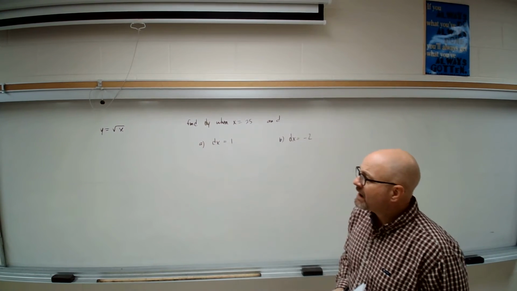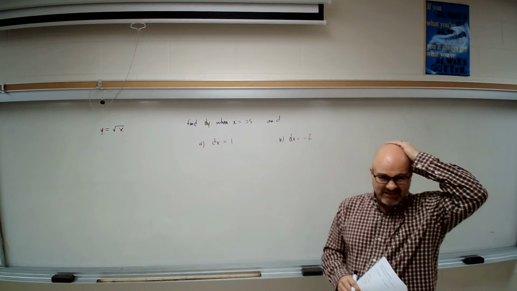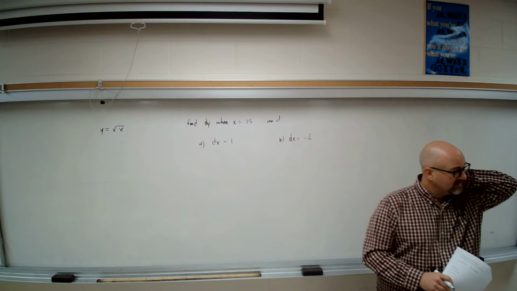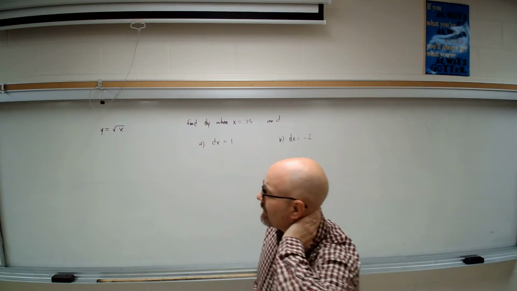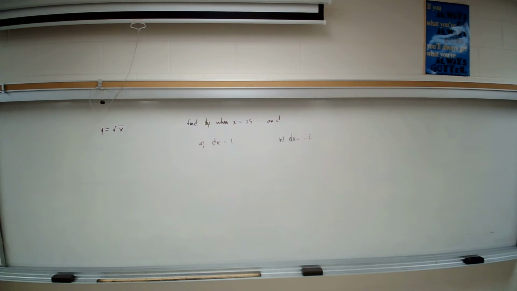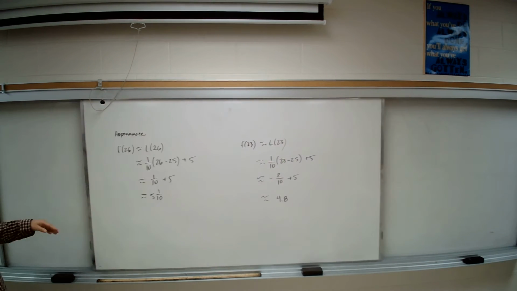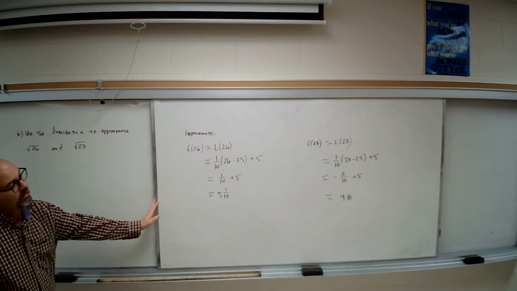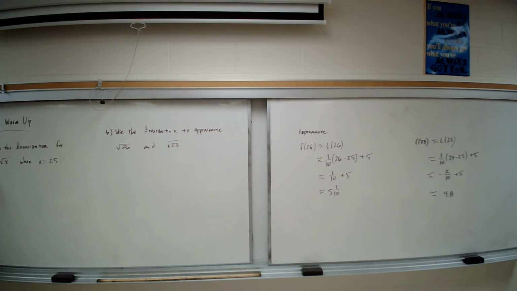So for today's warm-up, we used a linearization to approximate what the square root of 26 and the square root of 23 were. So let's compare. I can even show this work here for you. We wrote the linearization here, which ended up being L of x equals 1/10 times (x minus 25) plus 5.